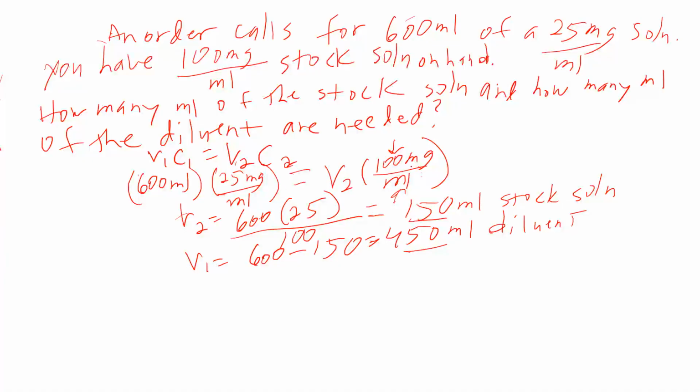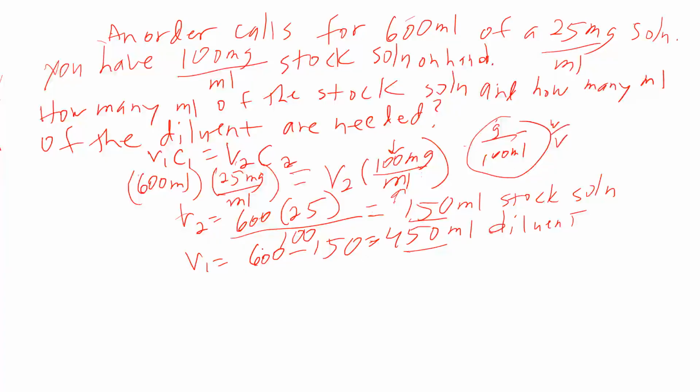To use alligation, we have to convert those to percentages. When we're talking percentage, we're talking grams per 100 mils, right? So that's weight per volume.